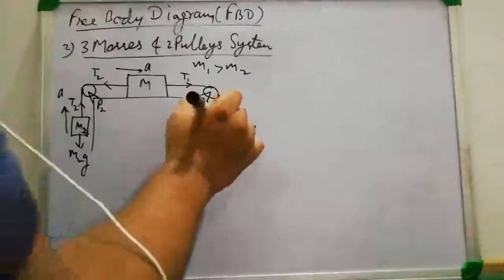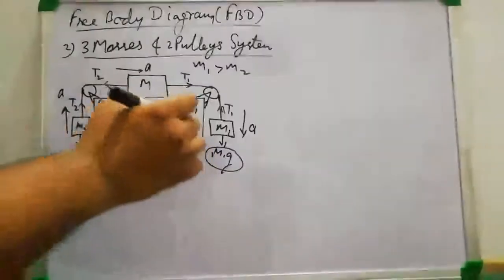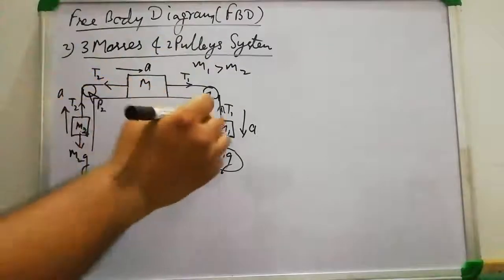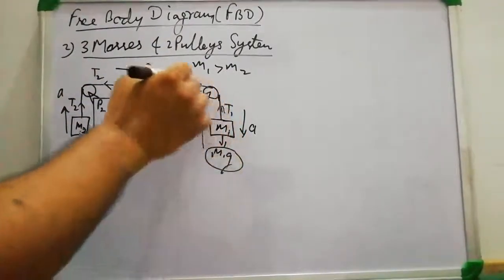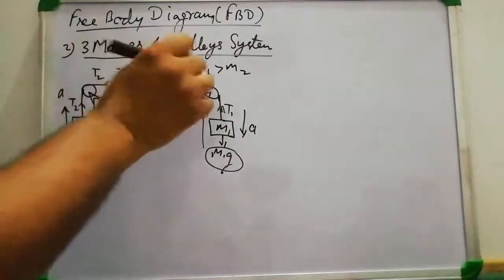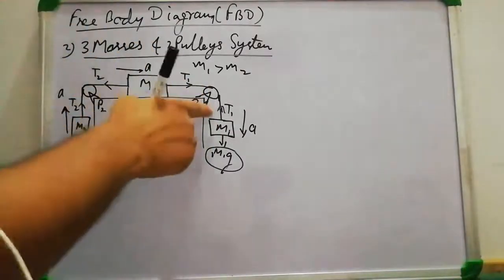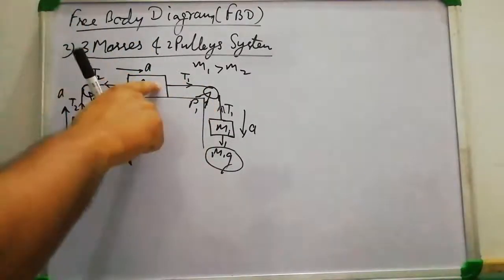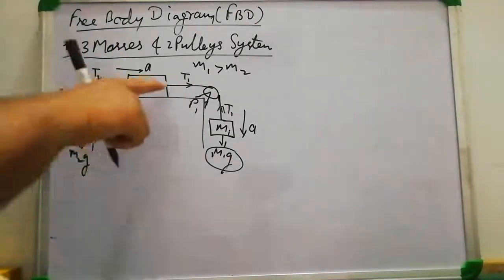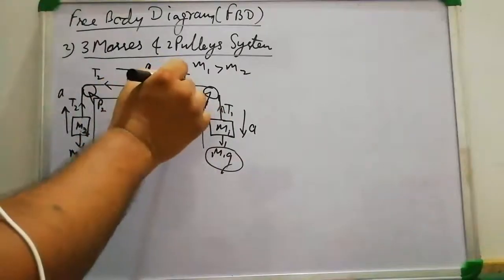So let us say the tension generated in this string is T1, and the tension generated in this string is T2. Now the direction of T1 is upwards, but this T1 is also connected with the mass M via the same string. So it is also acting on the mass M, and it will give a reaction force whose direction will be opposite to the tension T1.